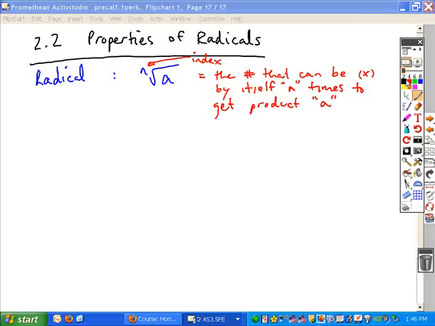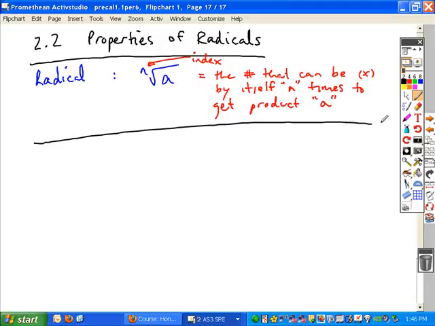The most familiar index that you have worked with before is one that's not even written. If there's no index written, it's considered what number? Not 1. 2. It's the number that can be multiplied by itself 2 times to get the number in the radical. So what number multiplied by itself gives you 4?